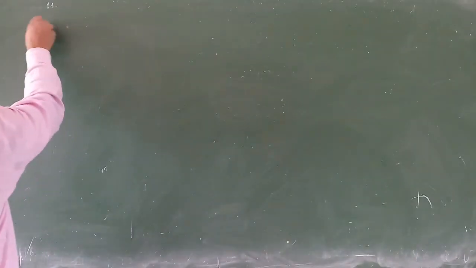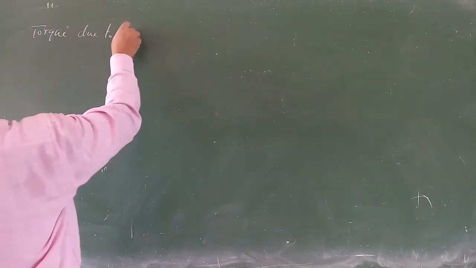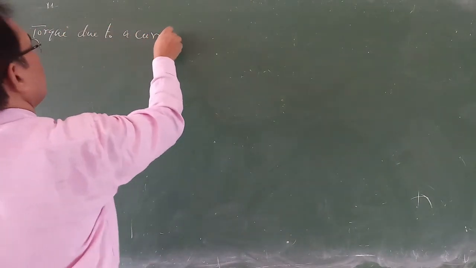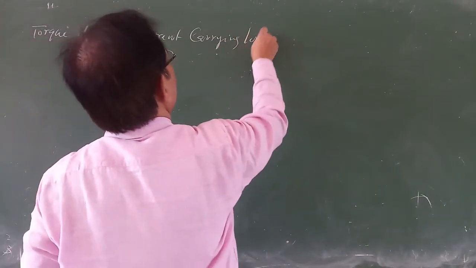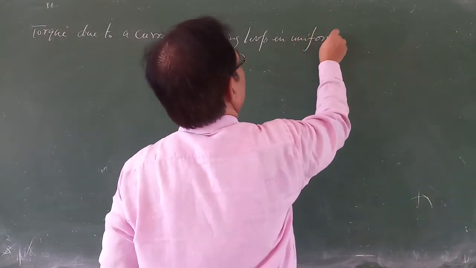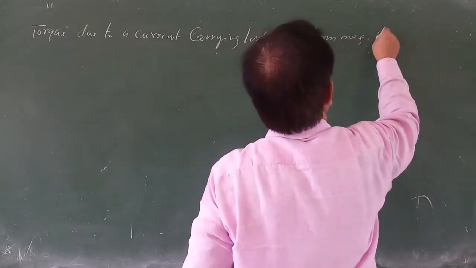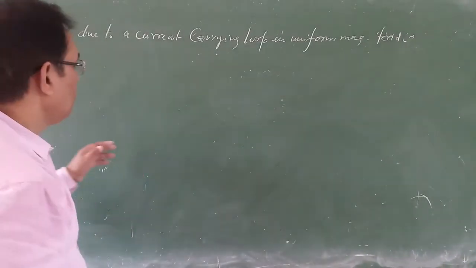Now find the torque due to a current carrying loop in a uniform magnetic field. If you place a current carrying loop in a uniform magnetic field, then a torque develops on the loop.